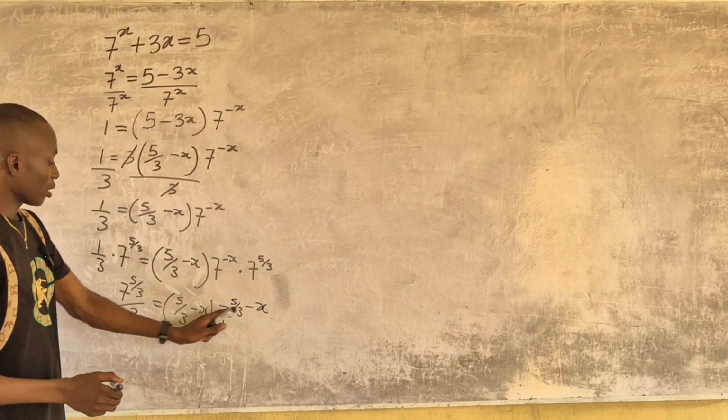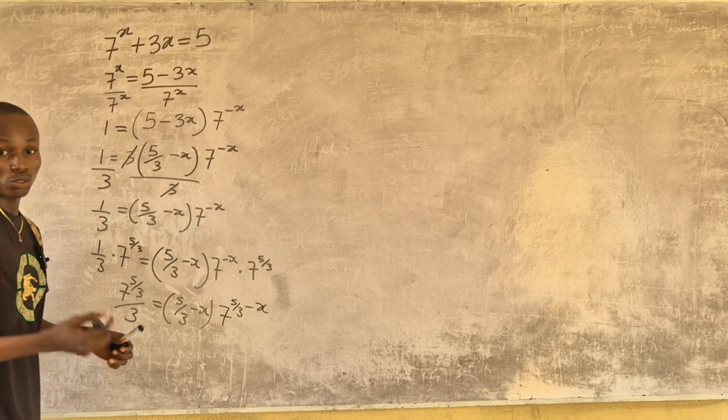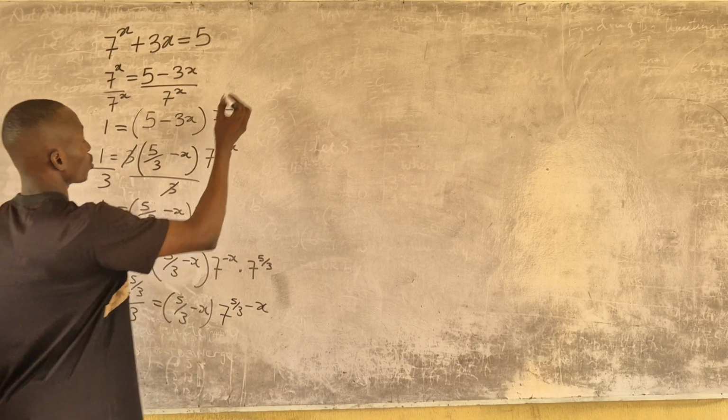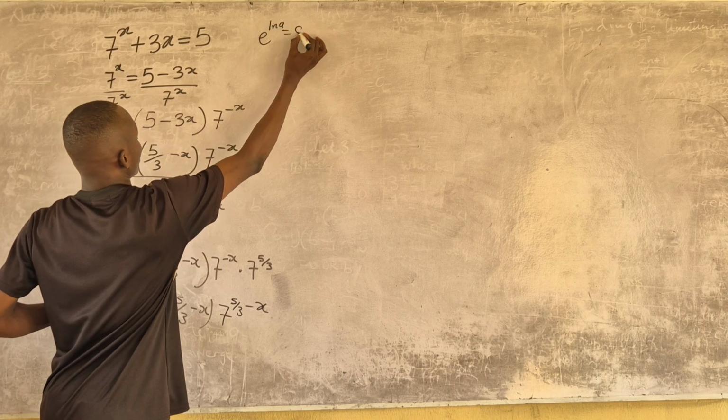They are the same. Now since they are the same, we can do something very interesting. Let's obey one of the properties of indices. We know that e raised to the power of ln a equals a.